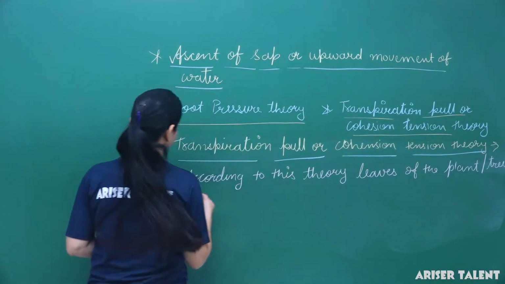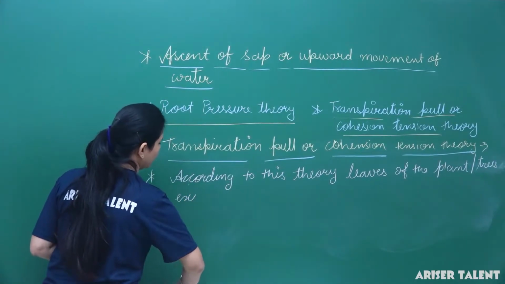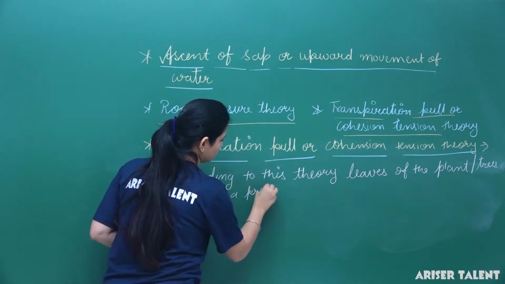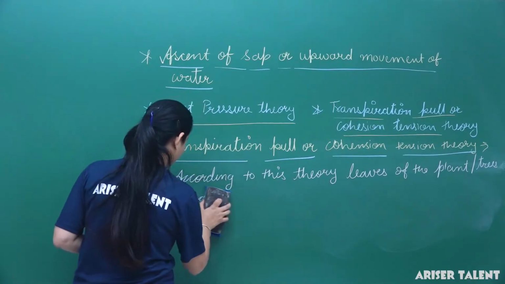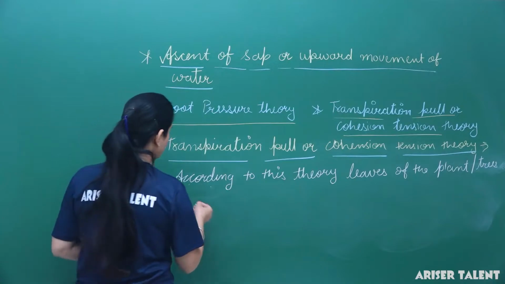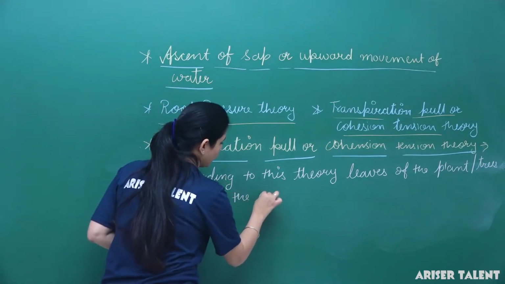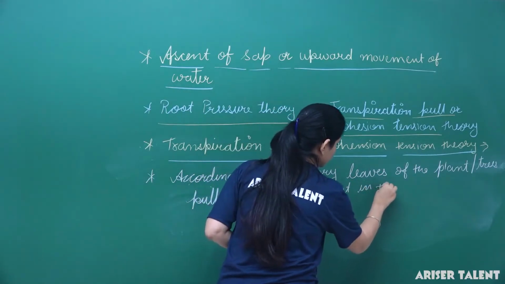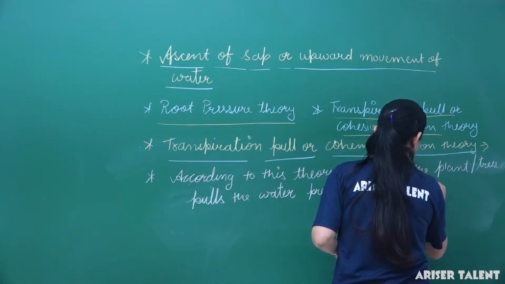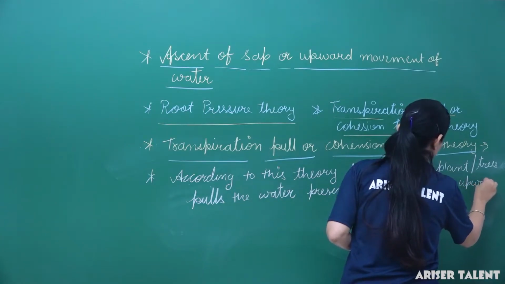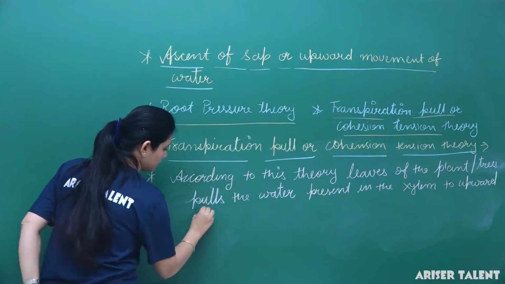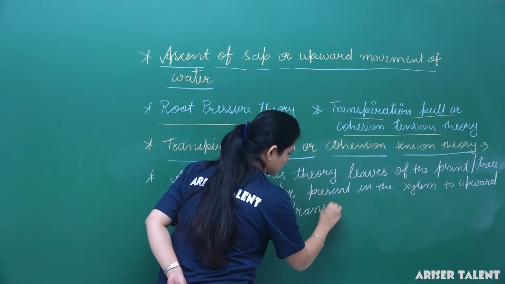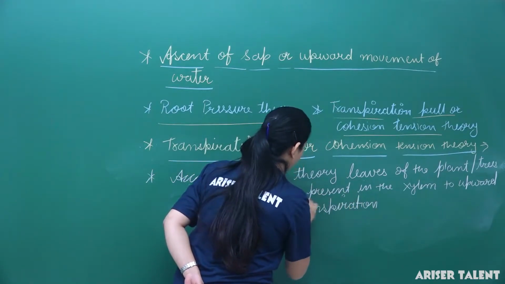According to this theory, leaves of the plant exert or create a pressure, or let me say it in a simple way: leaves of the plant pull the water present in the xylem upward by transpiration pull.